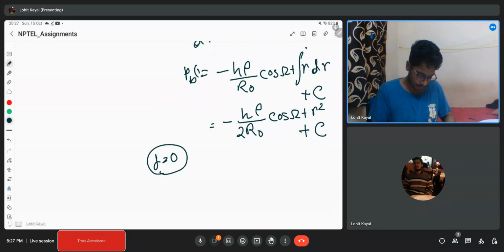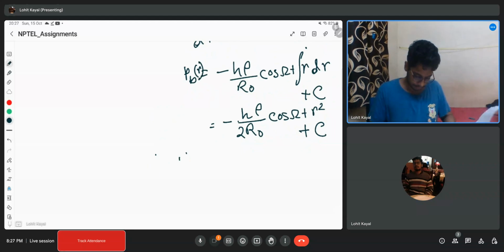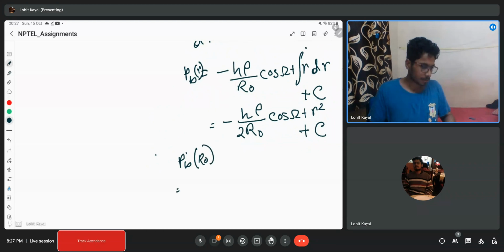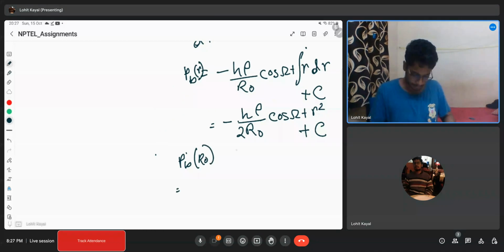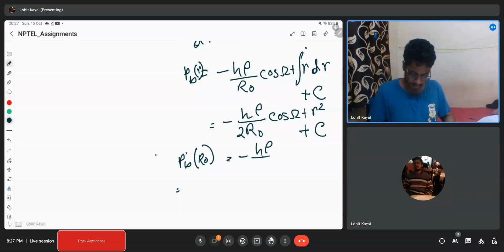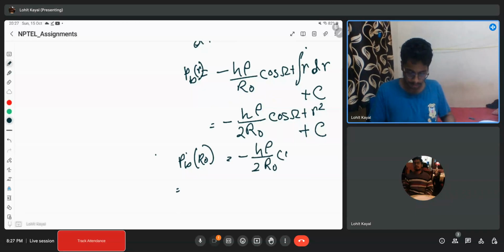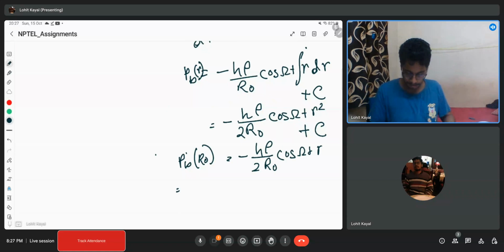What is Pb at r equal to r naught? It will be minus h rho by 2 r naught cos omega t r naught square plus T by r naught.